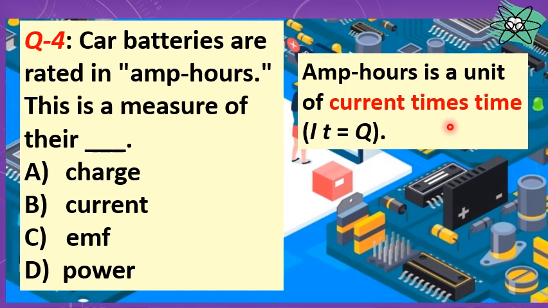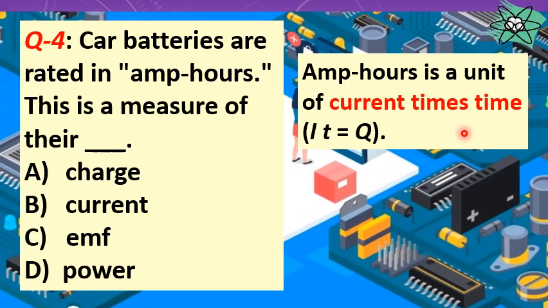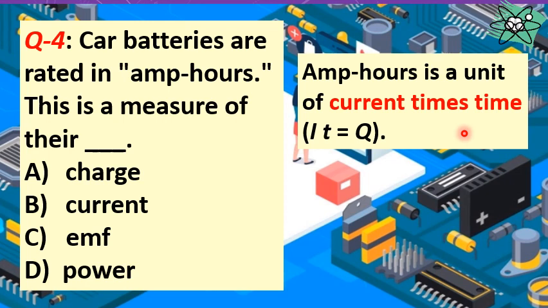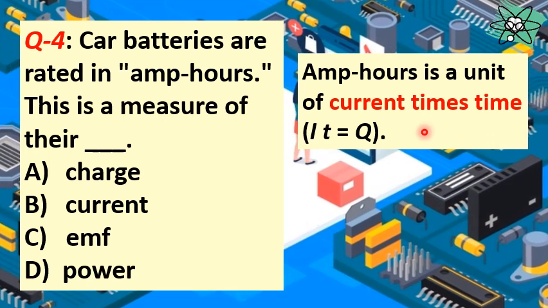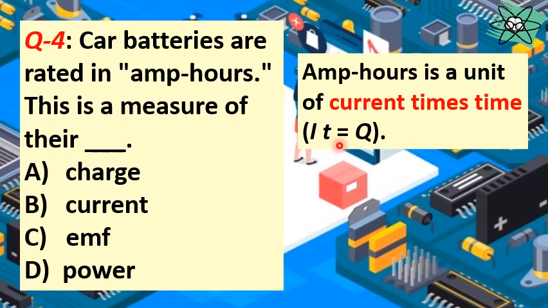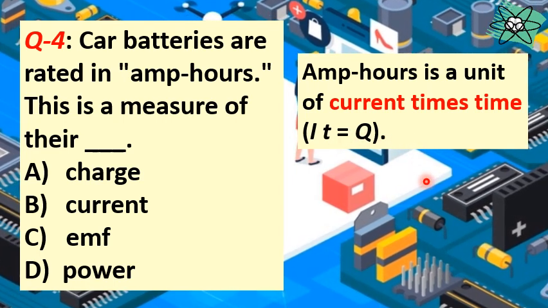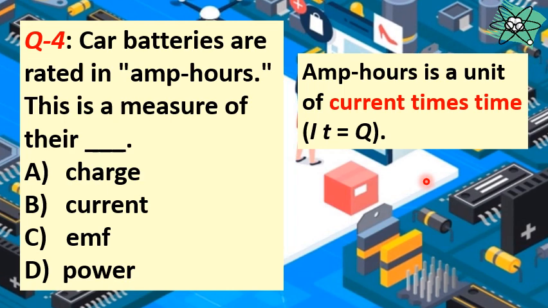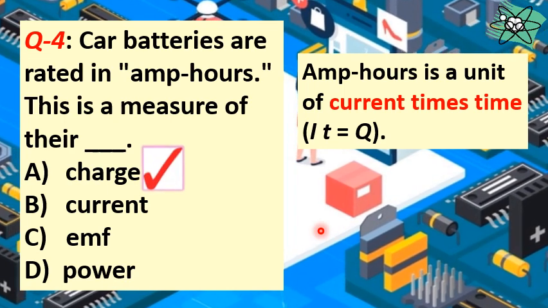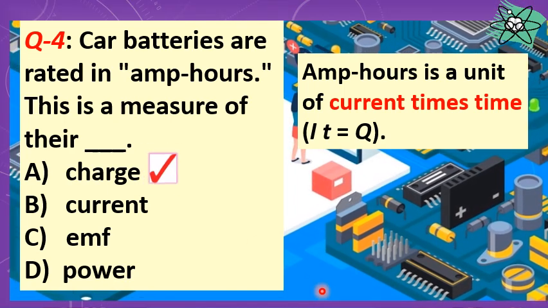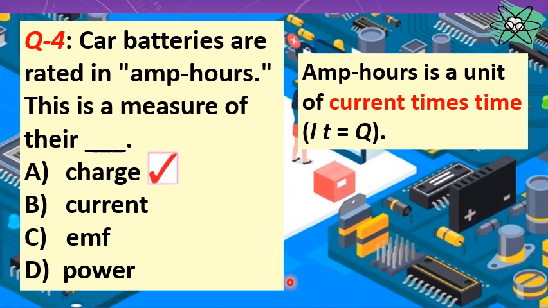So when current is multiplied by time, we get the amount of charge, big Q. So the correct answer therefore is option letter A, charge.